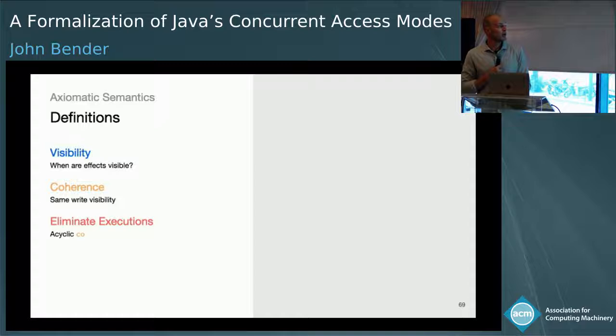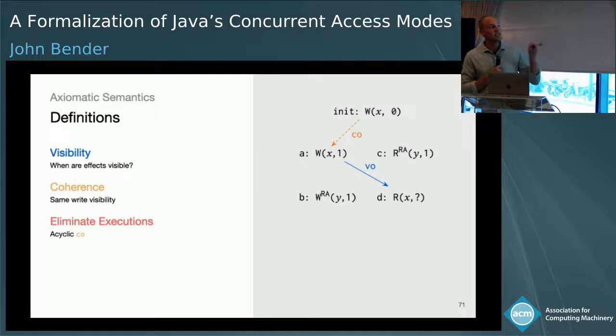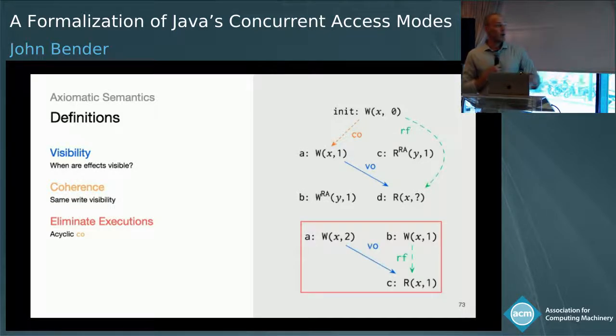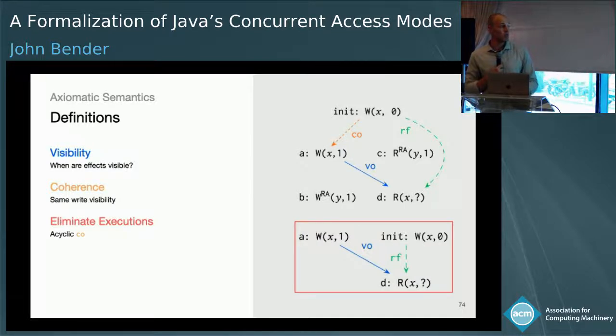Okay, so putting this all together, we need to eliminate executions. Let's take our message passing example, and we're going to demonstrate that in the case where it sees the work that's completed, it can't read from initialization. First we take the read from initialization. Now we need to show that this execution is basically impossible. So we use that rule that we just had. We take A, B, and C, and basically substitute them in.